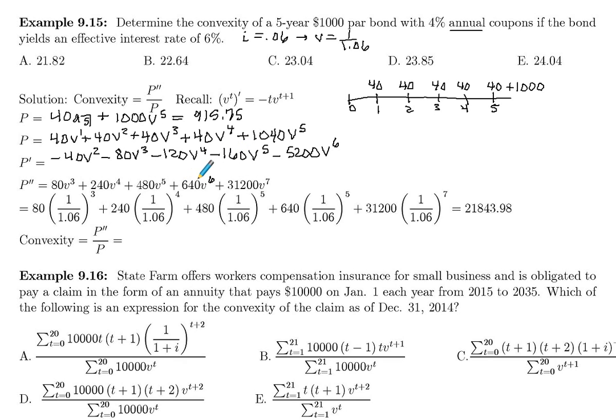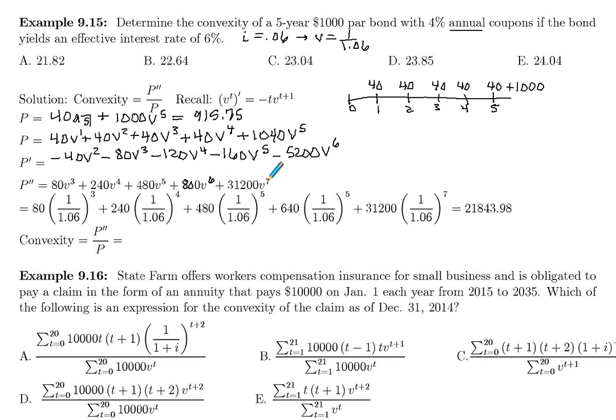This should have another 160 added on, that should be 800. So 800 v to the sixth, and then negative 6 times negative 5200 is 31,200, increase our exponent v to the seventh.